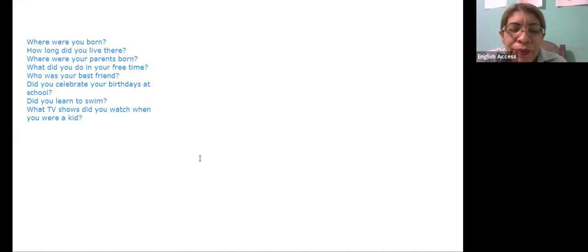I want you to remember when you were a little girl. Try to imagine yourself when you were 7, 8 years old. Now you're going to ask these questions to each other. Do you understand?